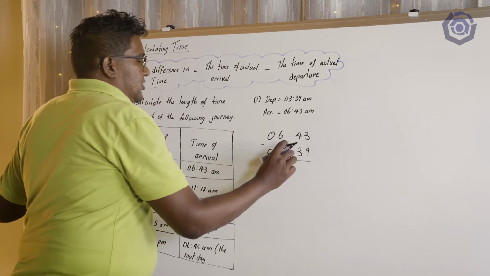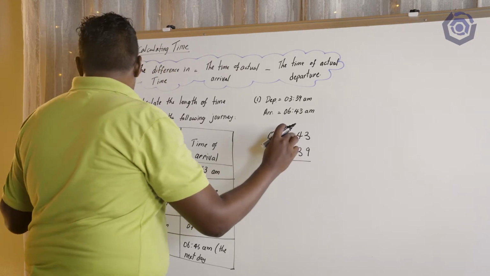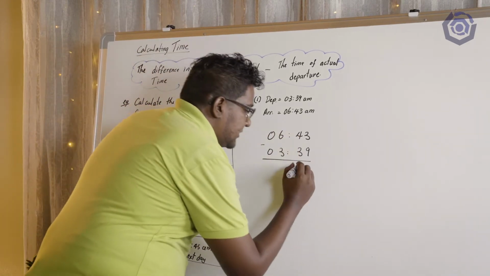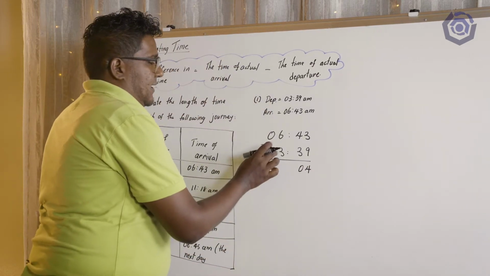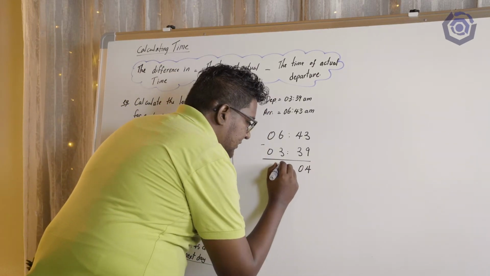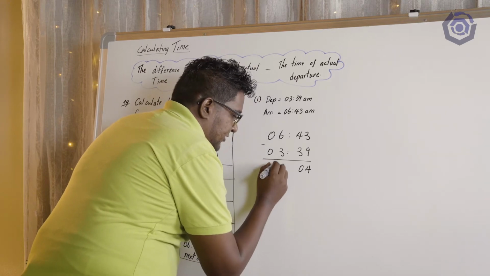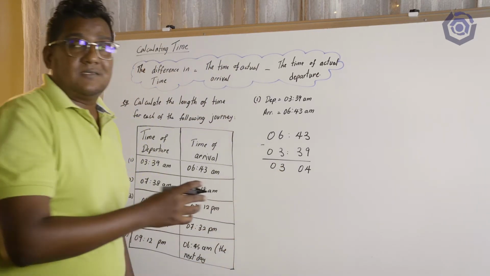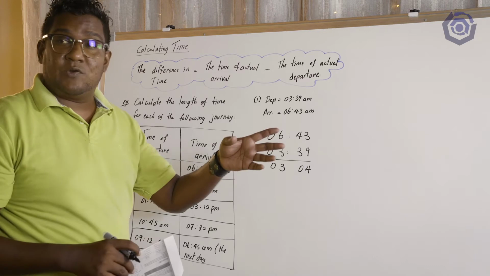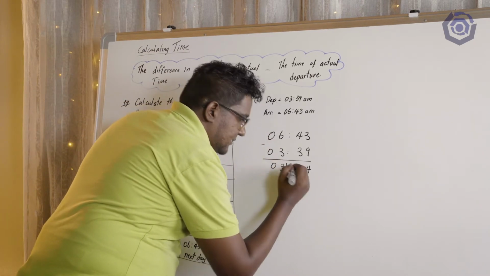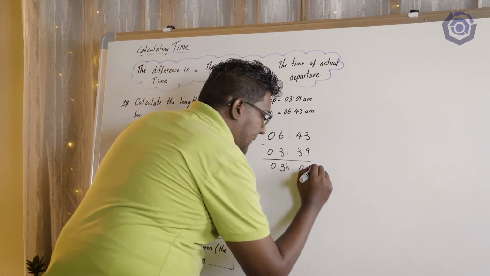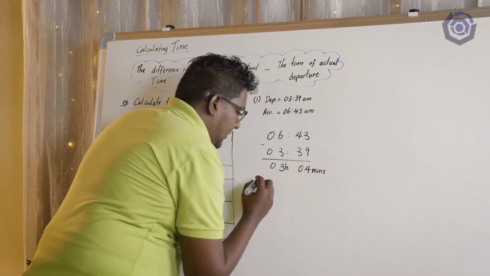So when you look here, you have 43 and then you have 39. If you take 39 from 43, you're going to get 04, and 3 from 6 is going to give me 3. 0 from 0 is 0. But this is not like 0, 3, or 4. This is actually 3 hours and 4 minutes.